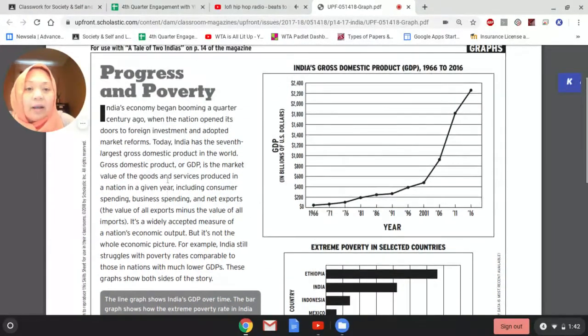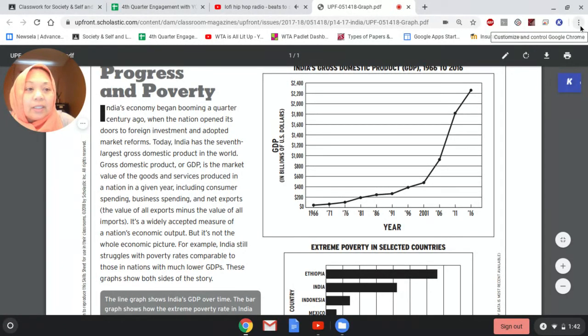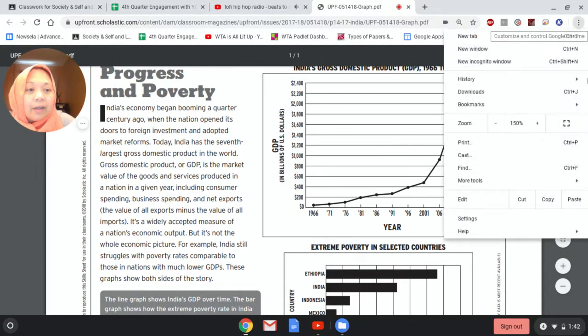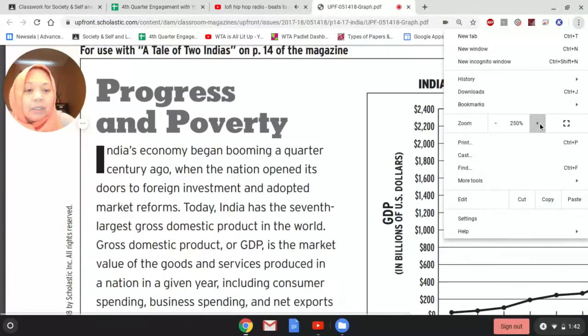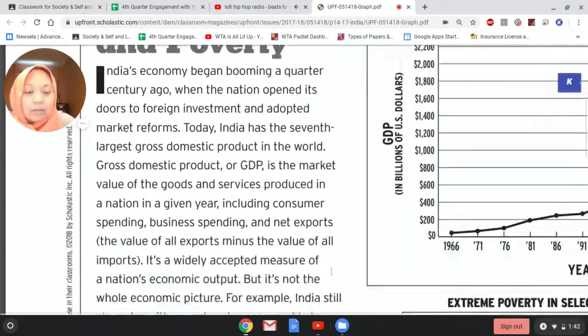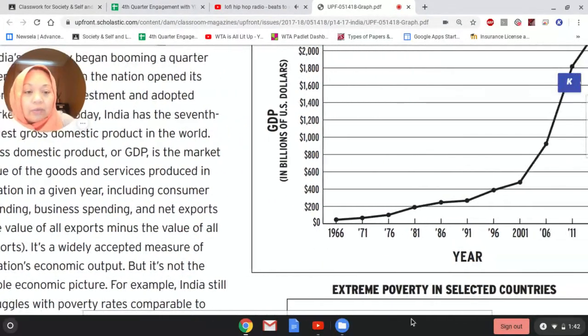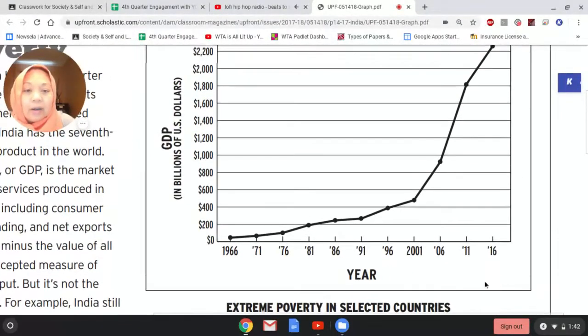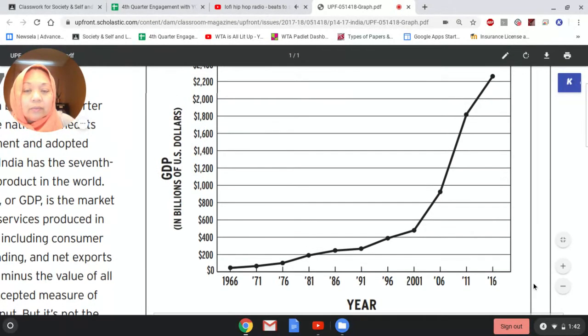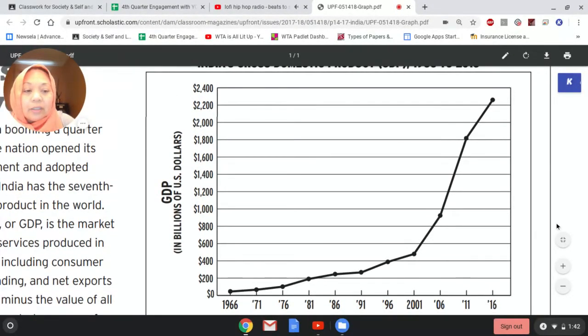So let's look at this graph right here where it says India's gross domestic product. And let's see if I can blow up the screen a little bit so we can look at it. Let's see if I can move it this way. All right. So I got to shrink it a little bit.